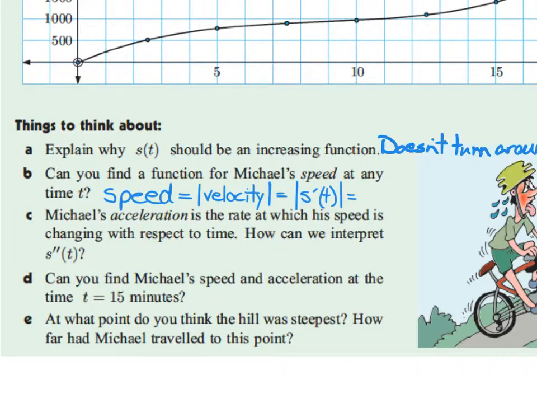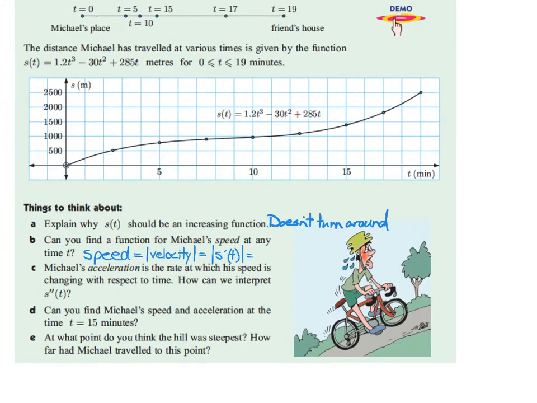Now we can find what S prime is. That's a basic polynomial function, so we've got 3.6t squared minus 60t plus 285.